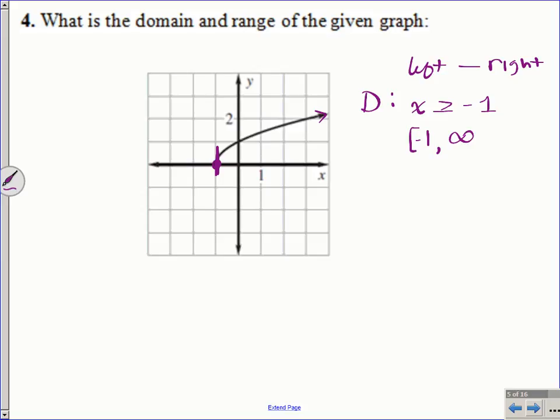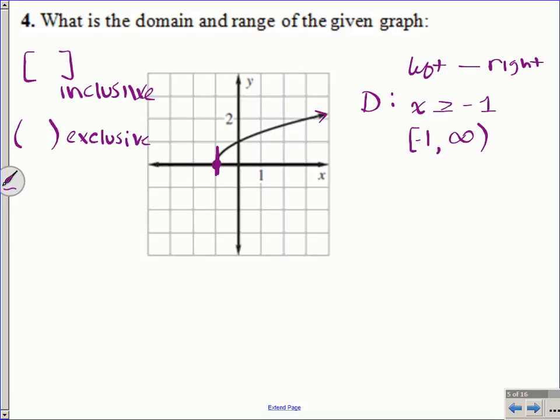And since we can never actually get to infinity, we're going to use a parenthesis. Because remember, brackets are inclusive, meaning you use that number. Parentheses are exclusive, meaning you never actually get that number. And always remember, parentheses go with infinity because they're both curved.